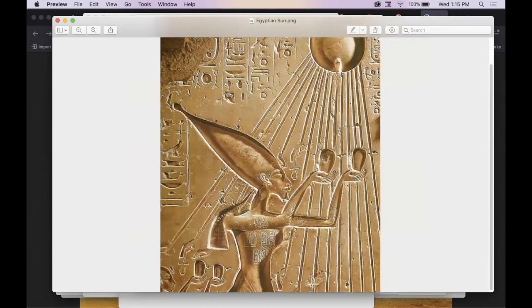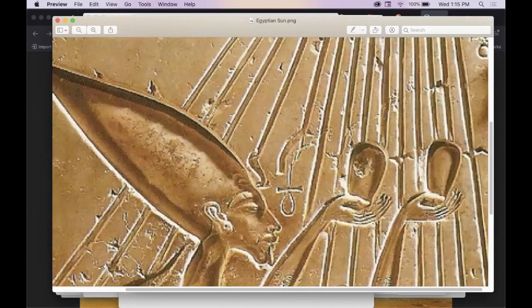This is the sun, because the sun gives life. And that's what this means. It's giving life to this person. And this person is a priestess because of this hat that she's wearing. I suspect that this is probably a brown person. And what she's holding, I'm not sure of.